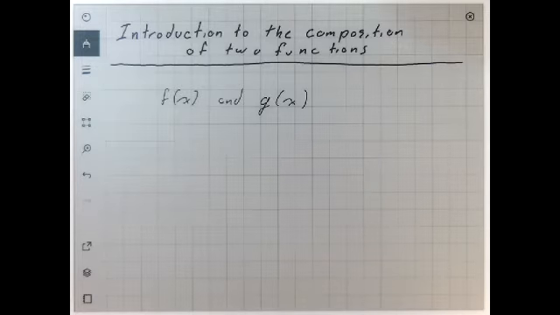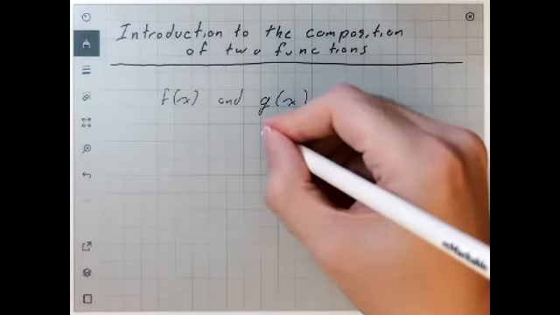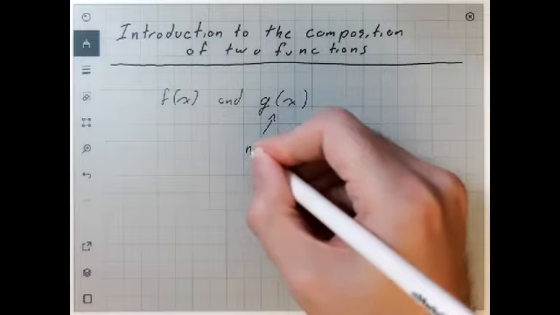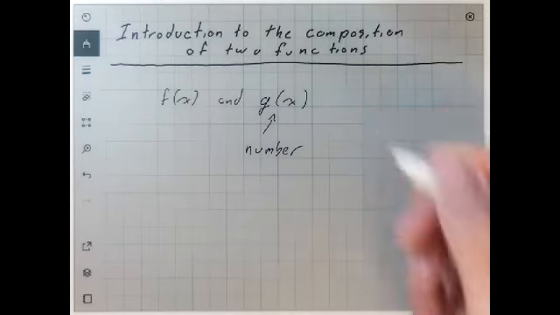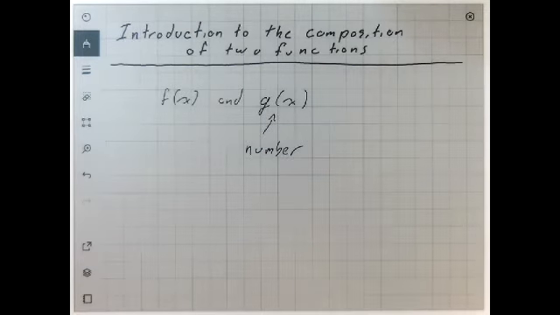We can also take advantage of the more complicated structure of a function to create a new operation. The idea here is to take advantage of the fact that g of x is a number.